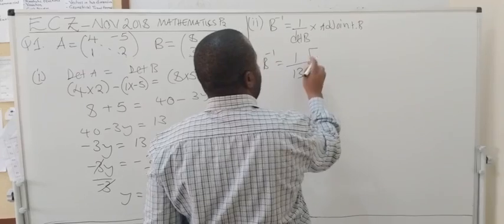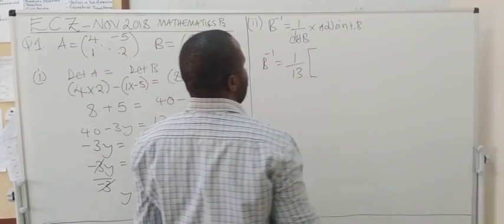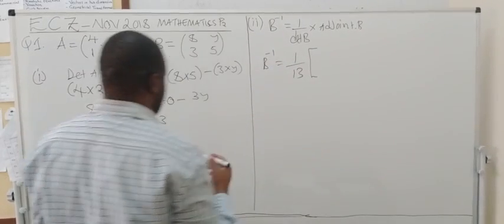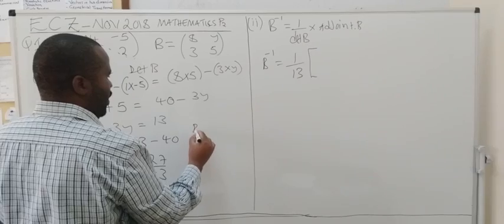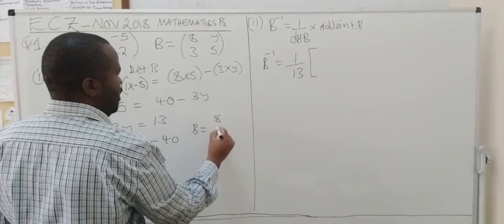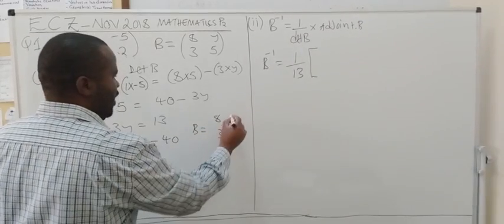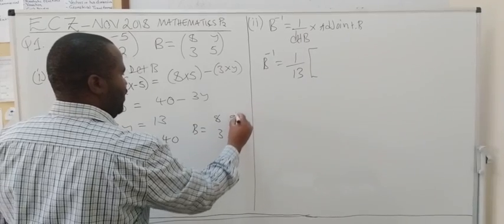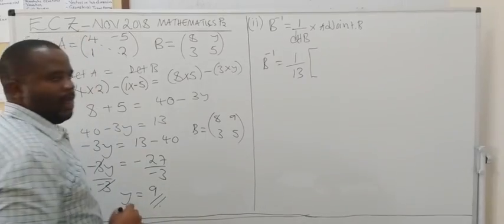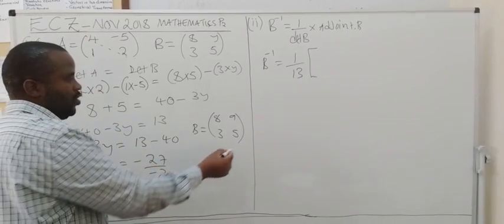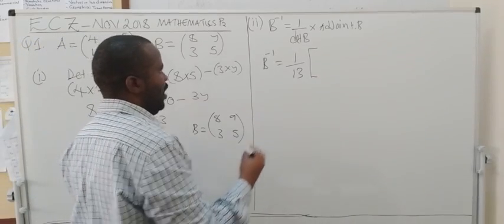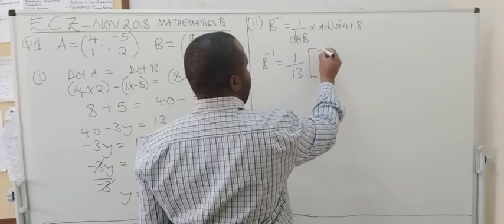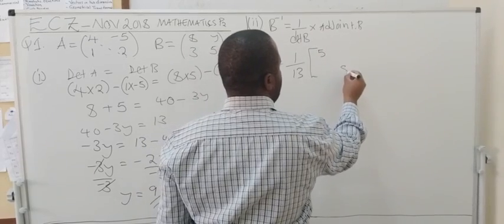Open the bracket, you are multiplying here. What is our adjoint? You need to note that B here is 8, 3, y is 9, and here it is 5. That is our B. So to get the adjoint, we swap the elements in the major diagonal. So here I'm going to have 5, and here we'll put our 8.